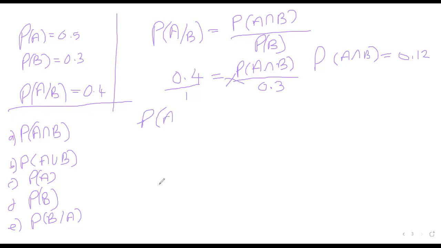Next, who's going to pick A union B? Agatha, A union B, what do we do? What's the formula first of all?